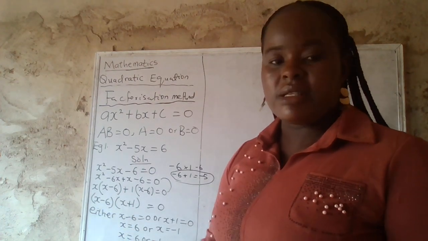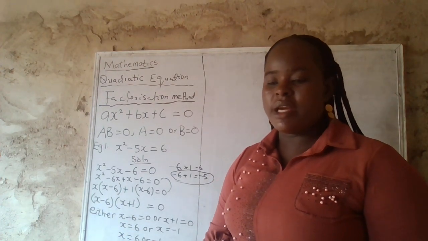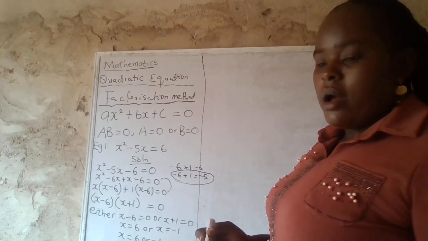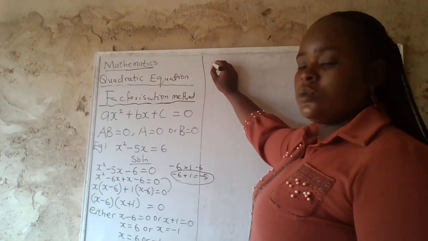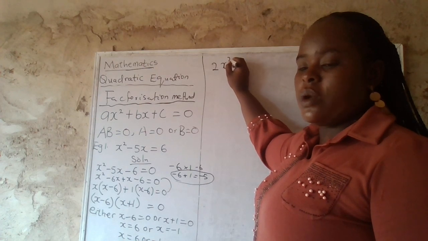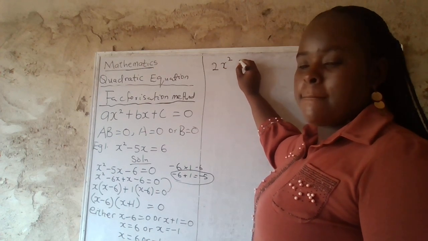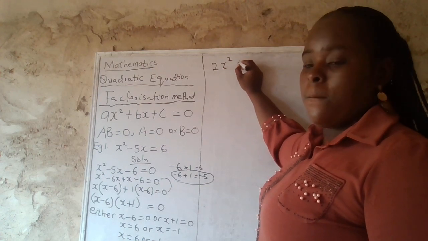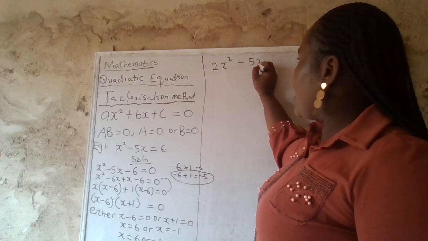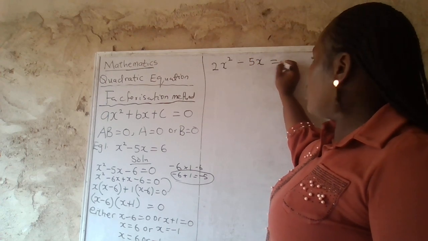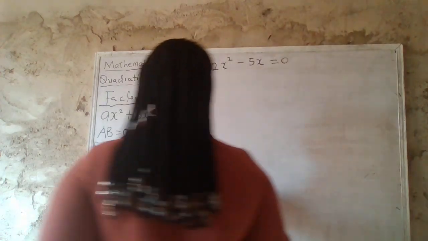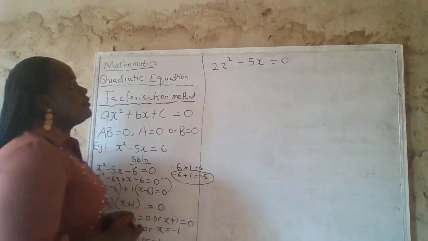Okay, let's take one more example. I have 2x squared minus 5x equals 0. That is one more example, and we are done.